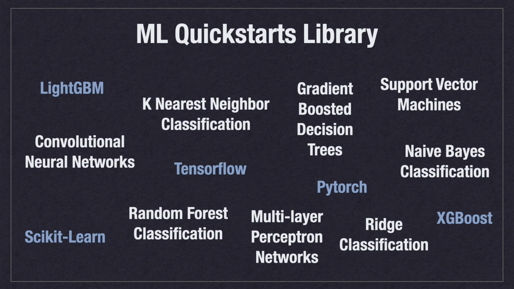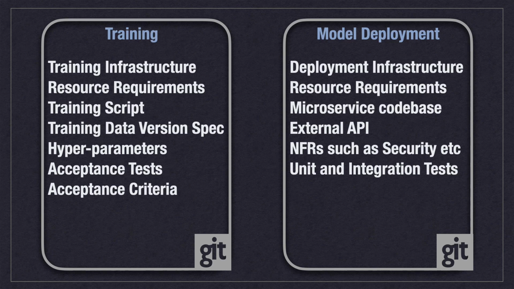Now, what those quick starts actually do under the hood is they create two repositories for you. One repository is the training repository, and that contains all of the infrastructure descriptions and resource requirements that you need to set up the training environment within your cluster.